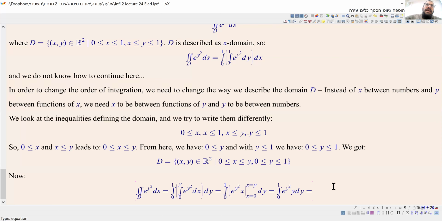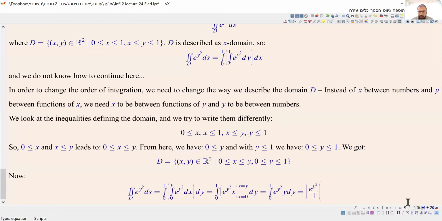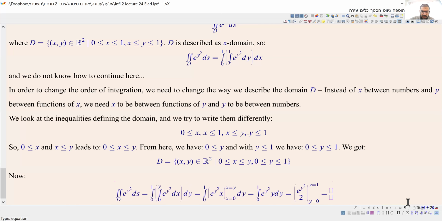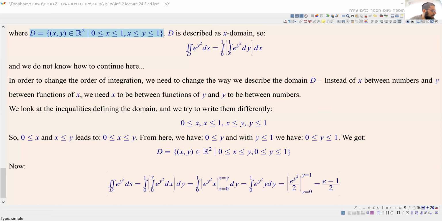It is e to the power of y squared above 2, the inner derivative, where we put y equals 0 and y equals 1. So our final solution is e to the power of 1 minus e to the power of 0, which is 1, above 2. It's a one-liner, but we couldn't do it the way D looked at first. We have to change the way we describe the domain, and then we can pretty easily calculate the integral.